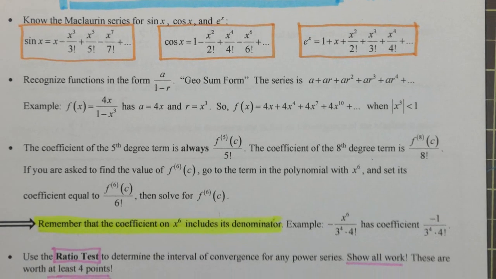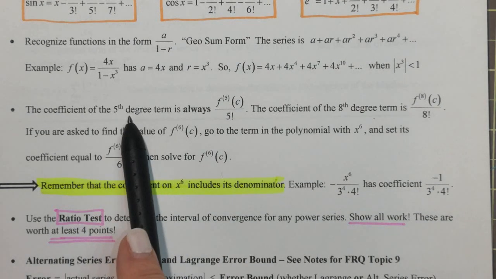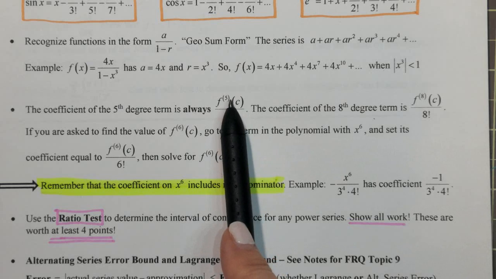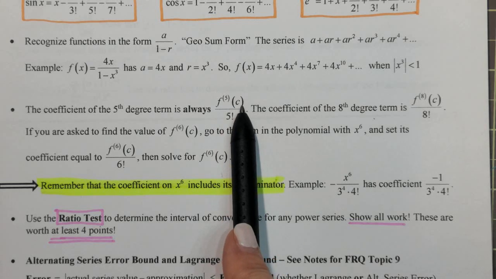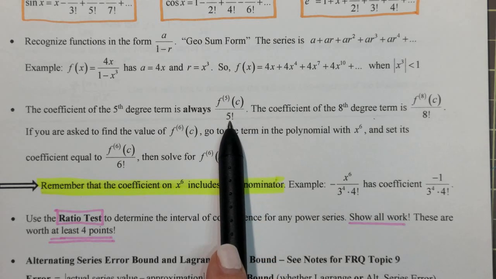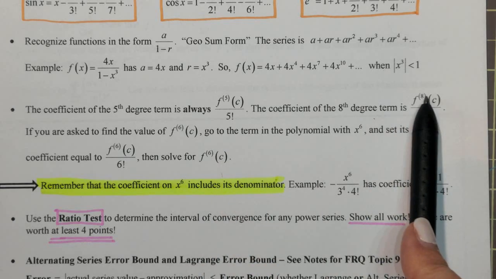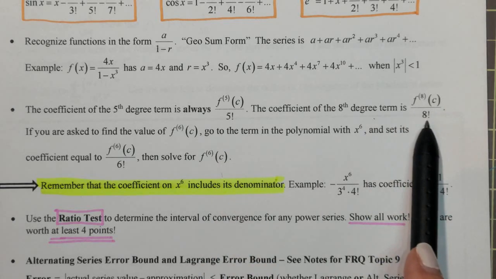The coefficient of the 5th degree term is always the 5th derivative at C divided by the factorial. The derivative at C over the factorial.